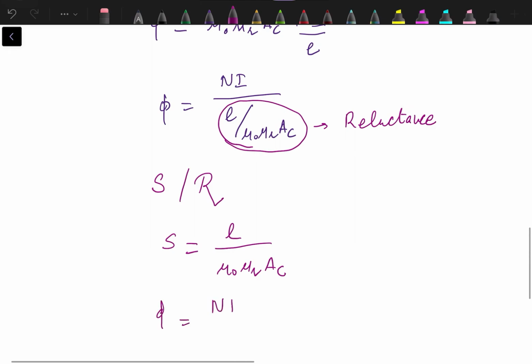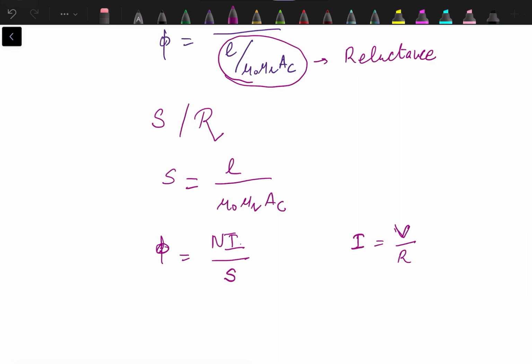Phi is equal to Ni by S. Now flux phi is the response, Ni is the driving force, and this S, which is reluctance, is the opposition offered to the flow of flux. This relationship is quite similar to I is equal to V upon R, where V is the applied voltage, R is the opposition offered to the flow of current, and current I is the response of this applied voltage across any electrical circuit.